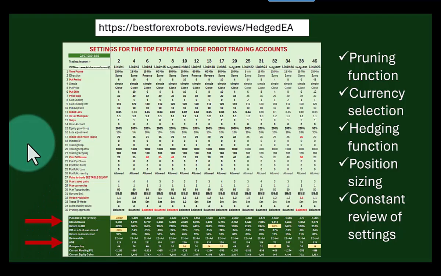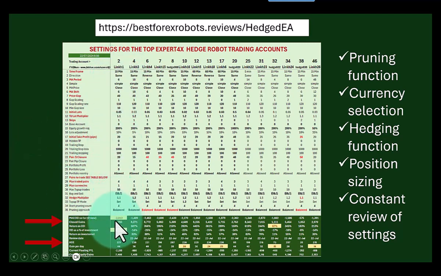Now, when we come to the topic of this video, which is the hedged EA, what we do, and this is an extract from the marketing page, is that we supply traders with the exact settings that we're using on each account. So firstly, if you're a hedged EA trader, you have tested and proven settings available to you.